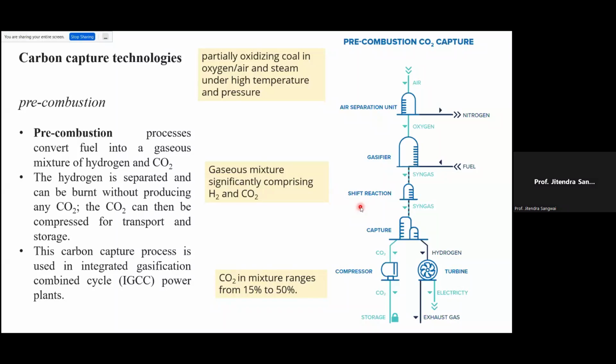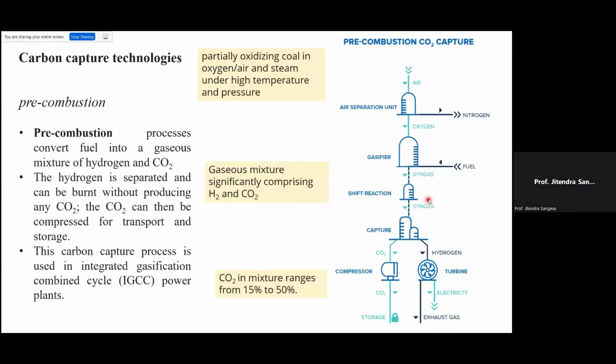So here what is done is that the fuel is injected into a gasifier, where you supply oxygen or air, and then partially oxidize this fuel, and then you generate a syngas, which is primarily a mixture of hydrogen and carbon dioxide. And that syngas, after you do a processing, becomes a CO2 rich fluid.